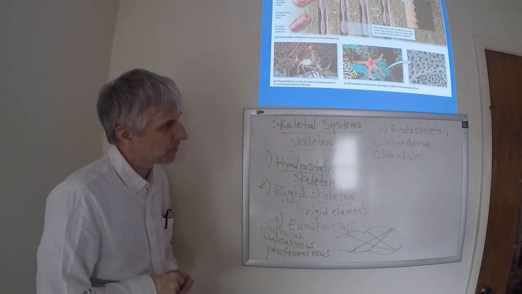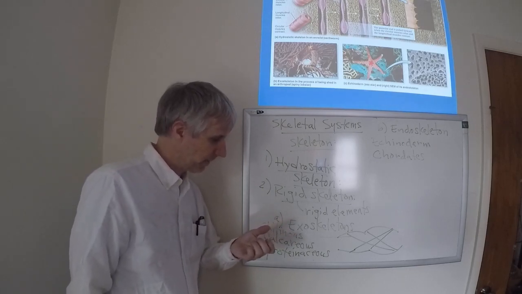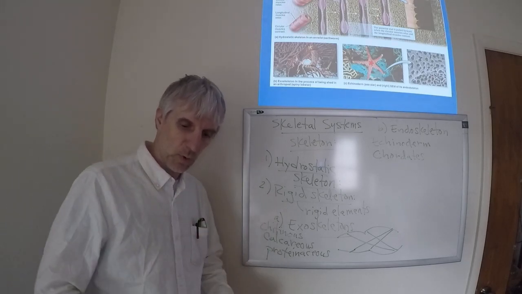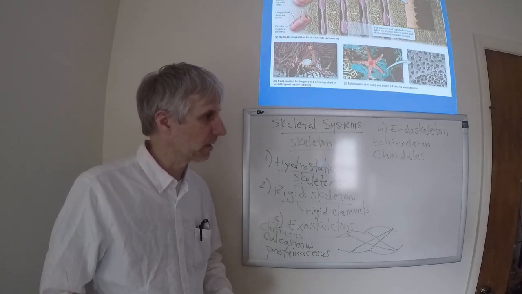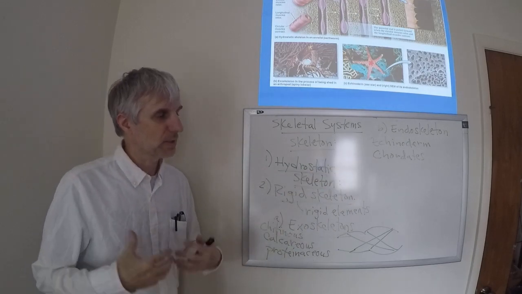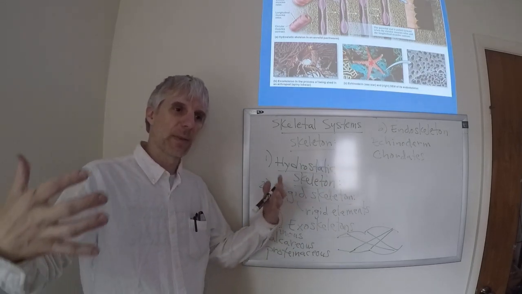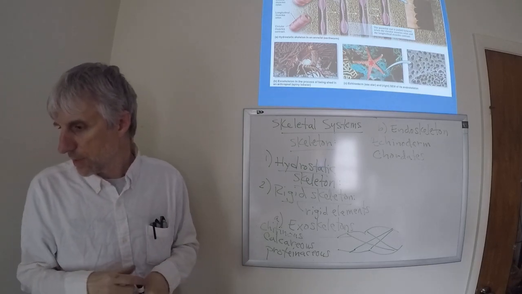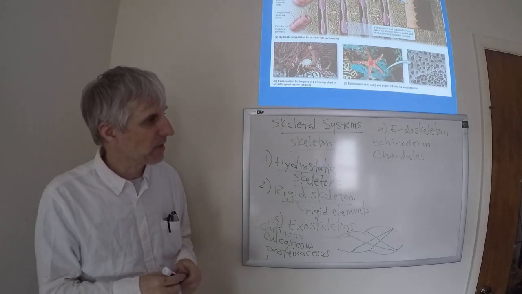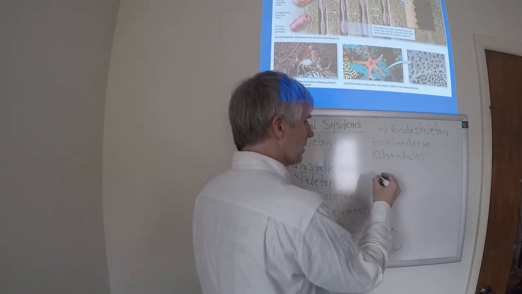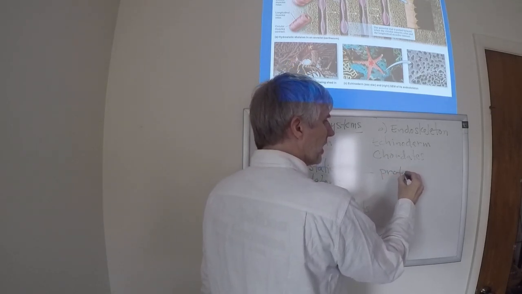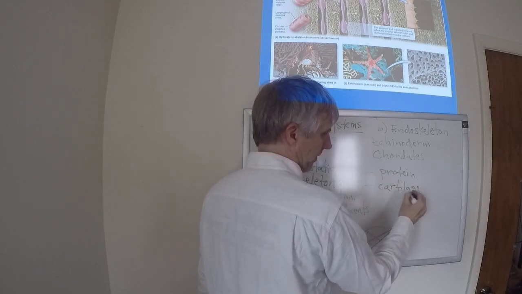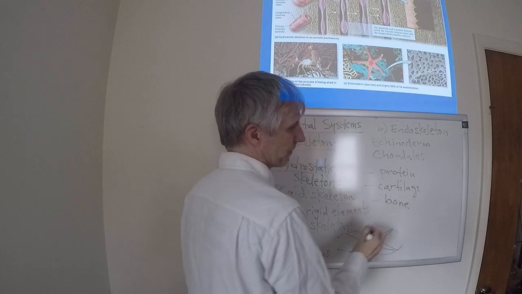The echinoderms make an endoskeleton that's calcareous, and then they have tissue over the top of that endoskeleton. Chordates make an endoskeleton, and then the body is arranged around it. The materials that are used to manufacture endoskeletons: protein, cartilage, and bone.